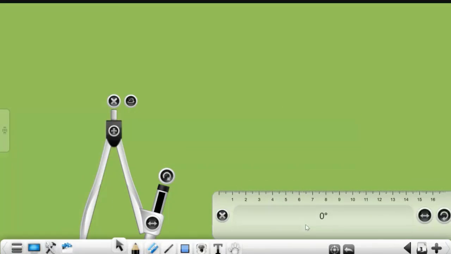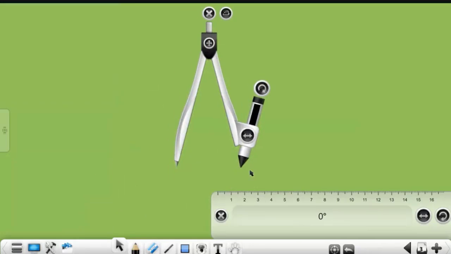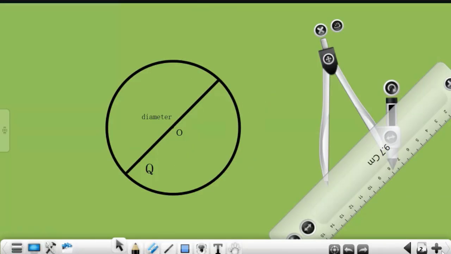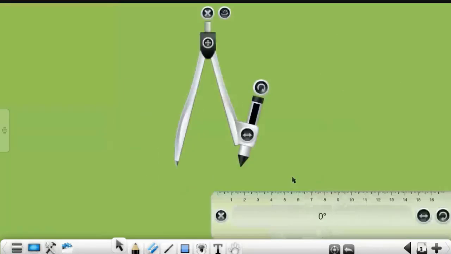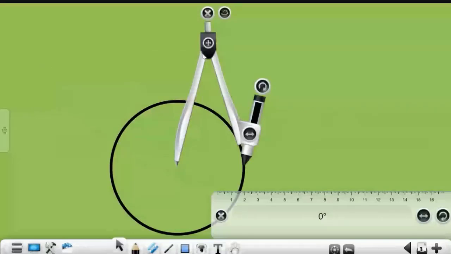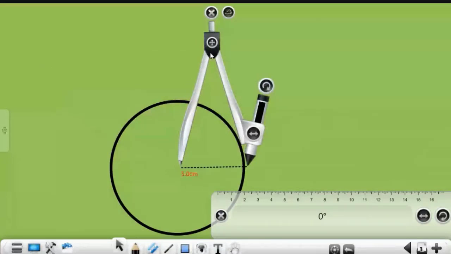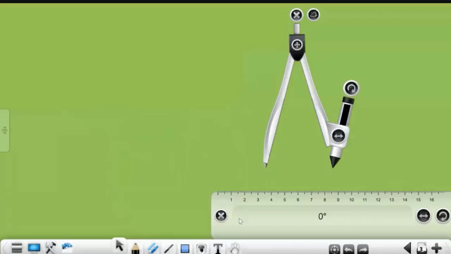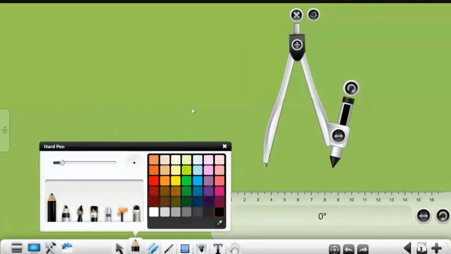So for this one, I have to draw a circle first, because in the book they're already given a circle. I choose to make it 5 centimeter. Oh, sorry, I have to put the O first, else later cannot determine where is the center.